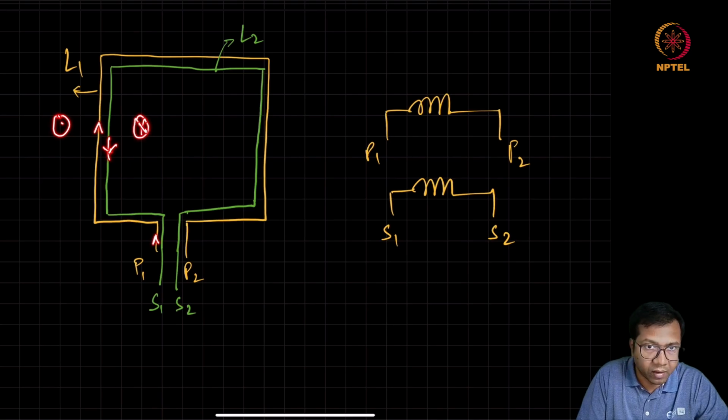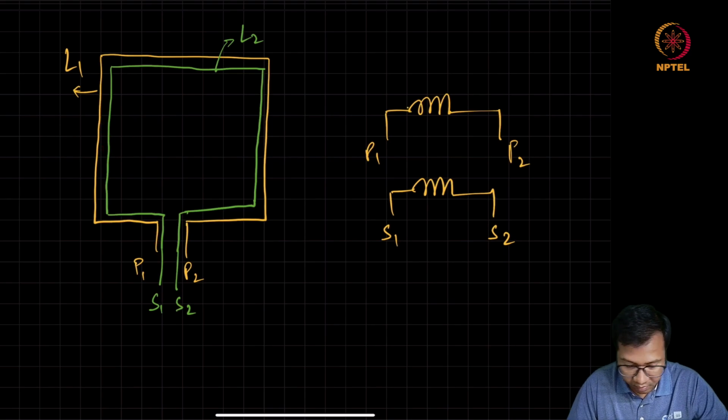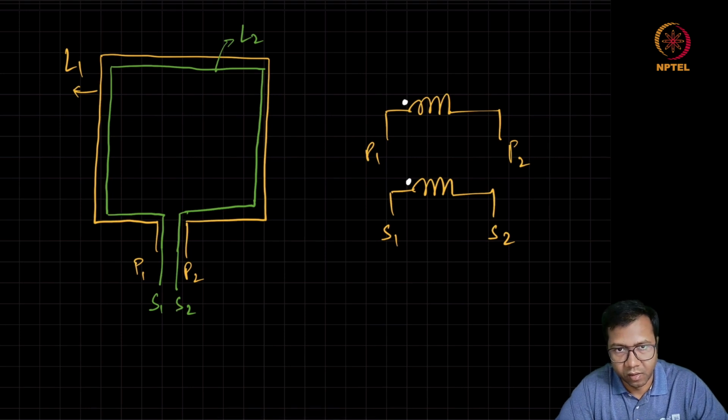So if current is entering P1, the induced current should come out of S1. Based on this, we can easily assign the dot convention here.